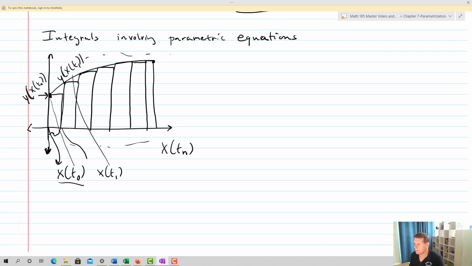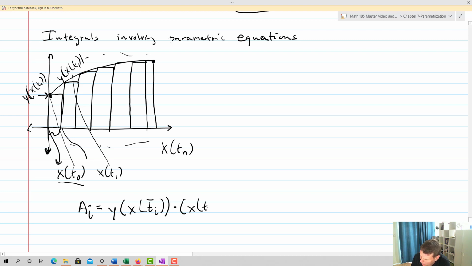So the area of any one of these rectangles, A_i, is going to equal y of x of, and let's just use the midpoint, or right-hand side, it doesn't really matter, we'll call it t_i bar, times x of t_i minus x of t_{i-1}. That's pretty standard in terms of finding the area of a particular rectangle.